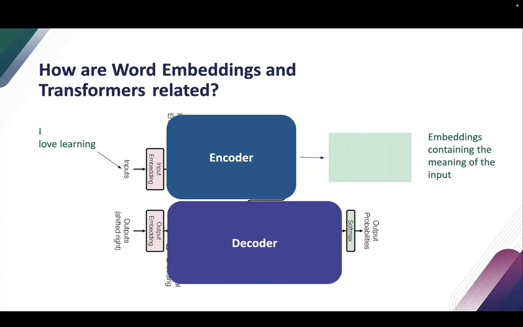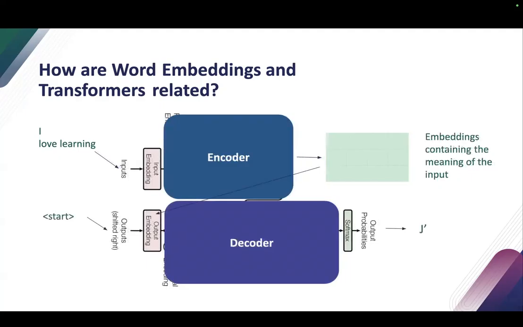It's not just one word, it's the whole sentence that you're embedding into a matrix or a numerical format. Then the next step is that you're going to translate one word at a time. So the first token is the beginning of your sentence, whatever comes before the first word.